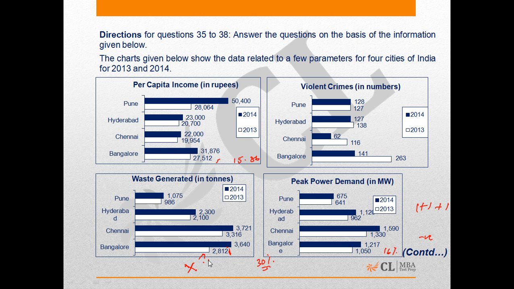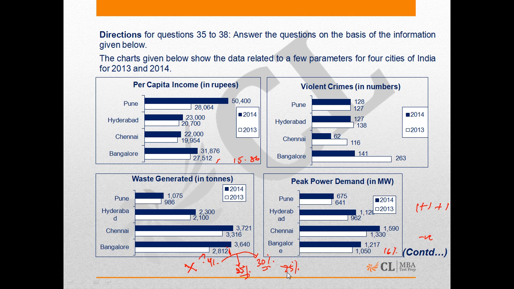One is waste generated per person, and second is increase in population. Waste generated per person for Bangalore is 4%, and when X is increased by 4%, after that it needs to increase by certain percent to make sure the aggregate percentage increase is 30%. The second percentage increase would be around 25%. So the percentage increase in the population of Bangalore was around 25%.